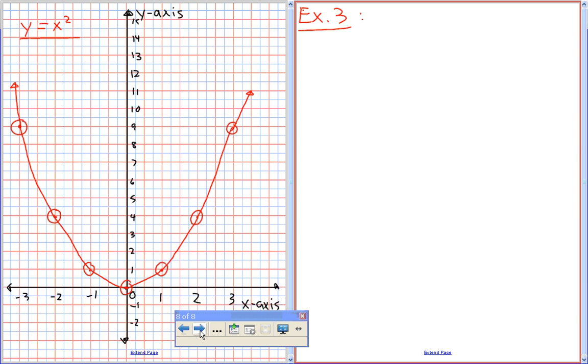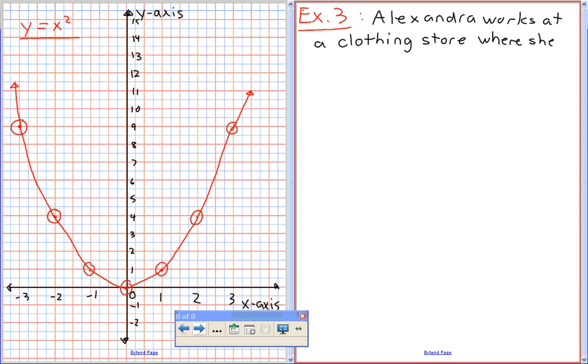Okay, we're going to say, Alexandra works at a clothing store where she earns $40 per week plus 5% of the clothing that she sells.